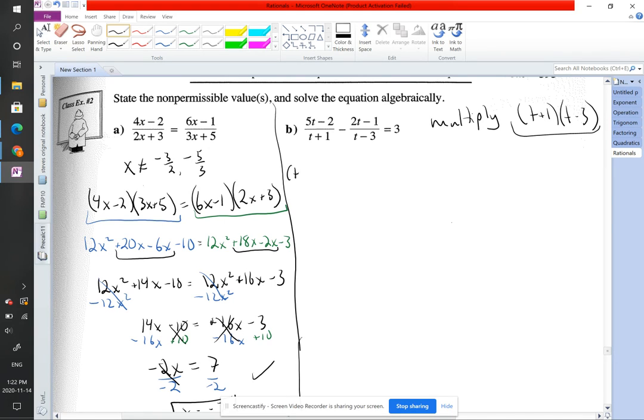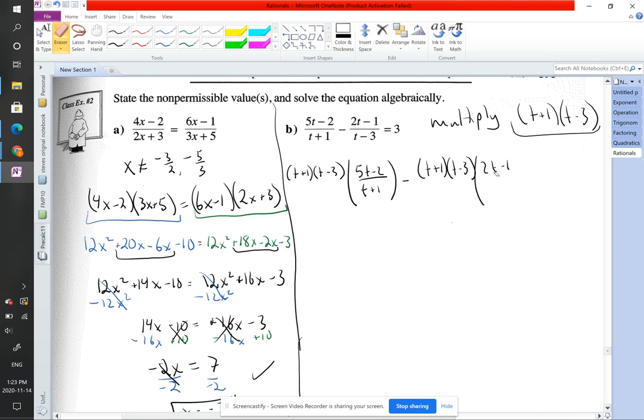So we're going to go t plus 1, t minus 3 multiplied by 5t minus 2 divided by t plus 1, sorry, I'll subtract t plus 1, t minus 3 multiplied by 2t minus 1.